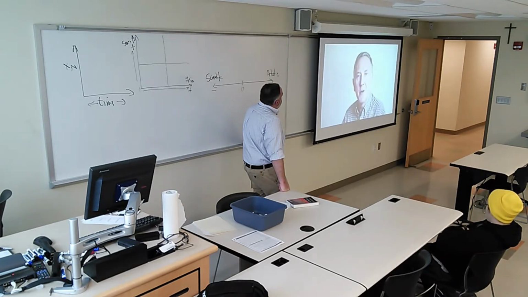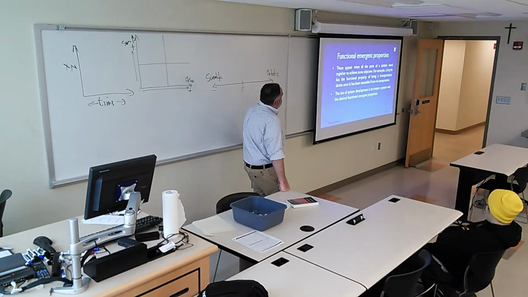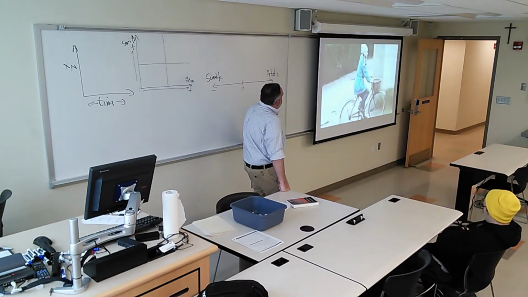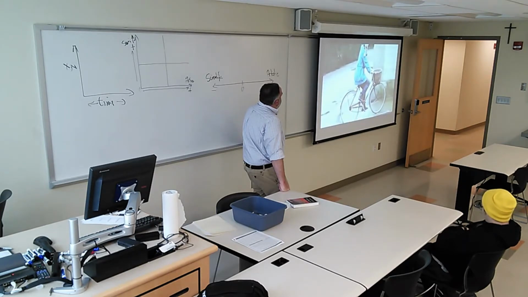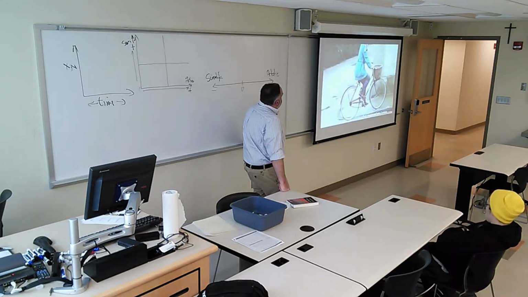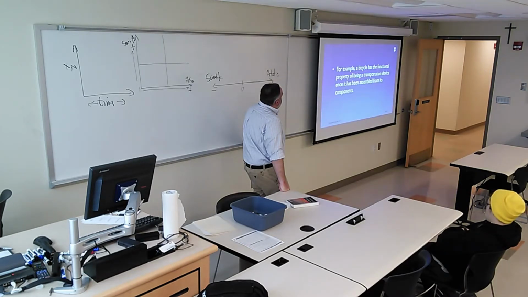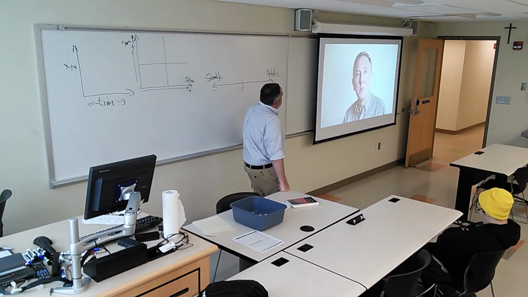There's the notion of functional properties, which by and large are what we're trying to achieve when we are creating a system. So if we take an example of a bicycle, if we have a box of bits of a bicycle, they don't do anything. But when we assemble these in the right relationships, we create a transportation device. So a functional emergent property is something that the system does, and usually what we're trying to do as part of the design process.